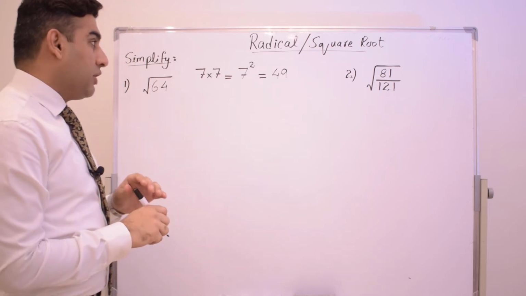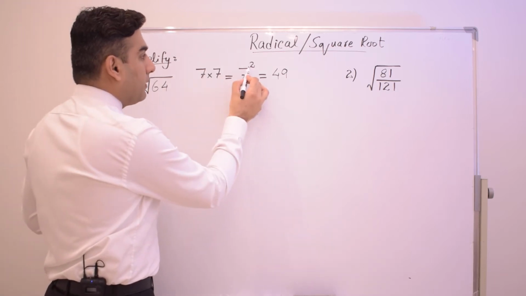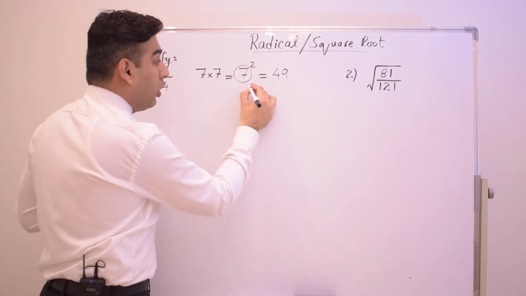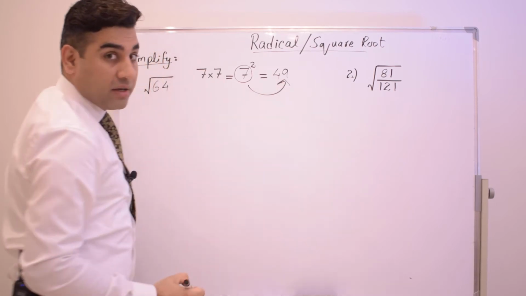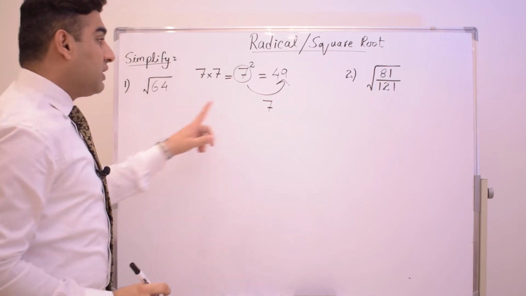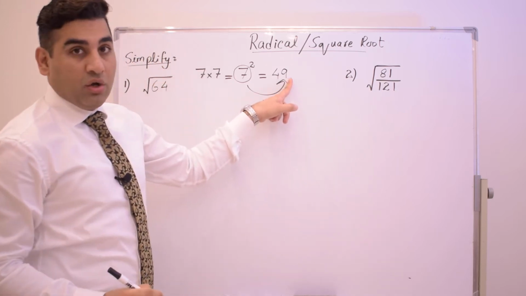My dear students, this number we call the square root of 49. I'll repeat, 7 is the square root of 49.